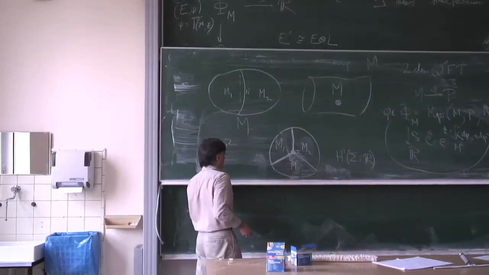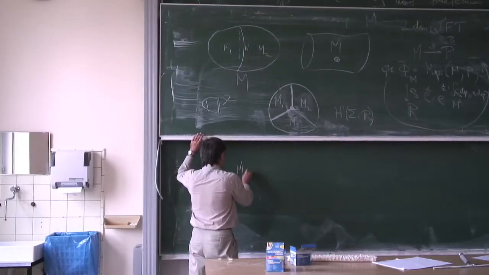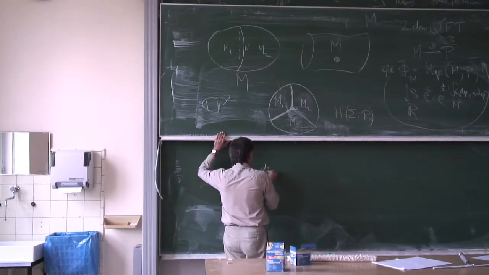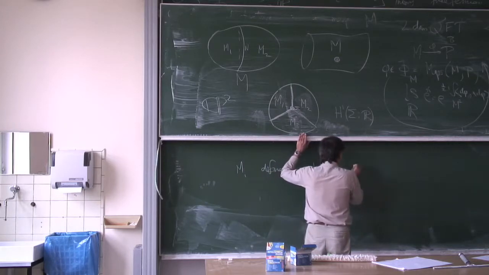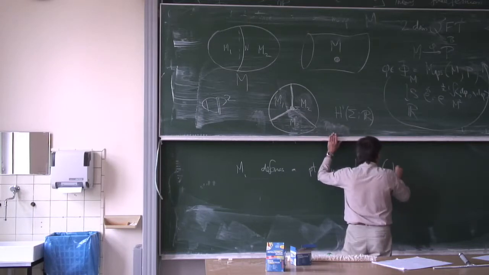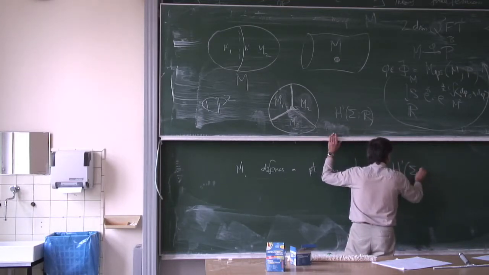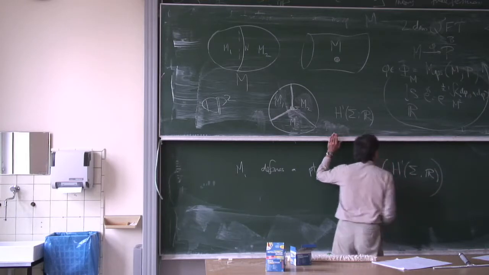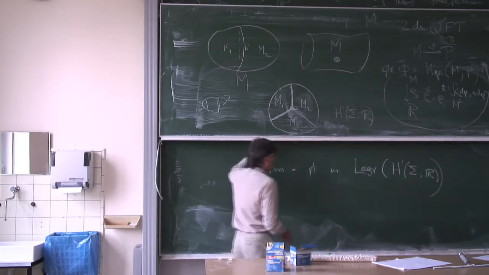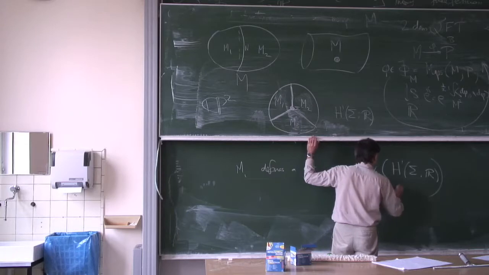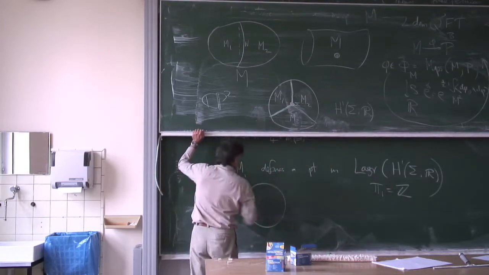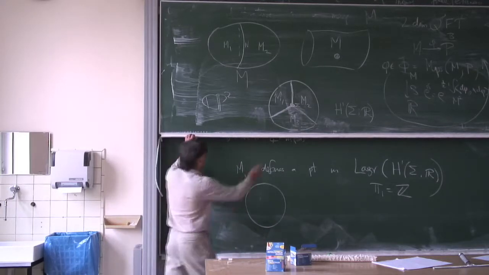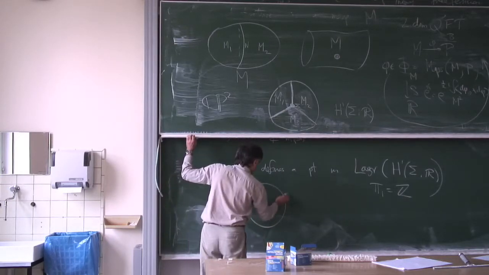So each Mi defines a point in the Lagrangian Grassmannian, the maximal isotropic subspaces, which is something with fundamental group the integers. So let's just draw that Lagrangian thing as a circle. Each of the three M's gives you a point in it.